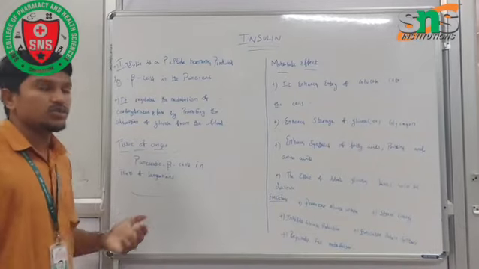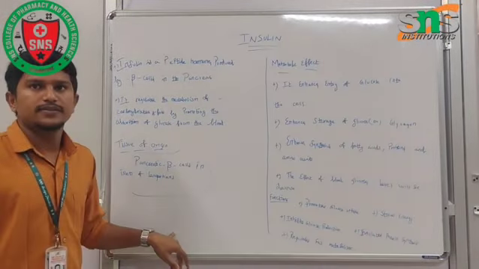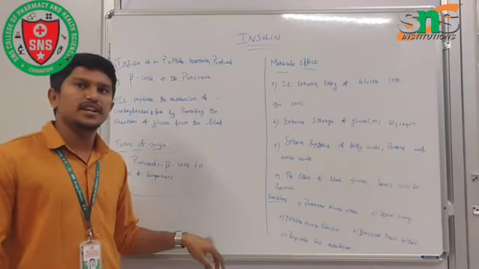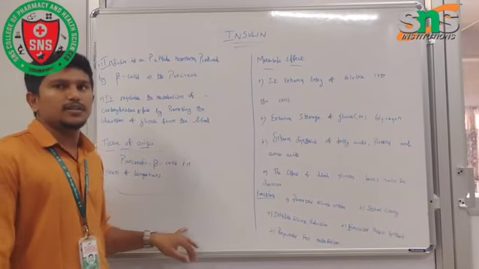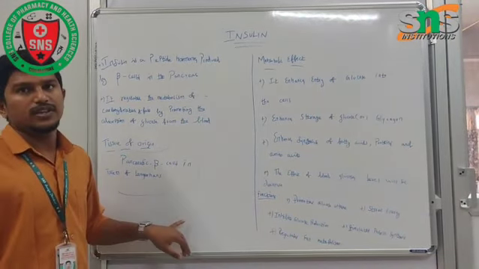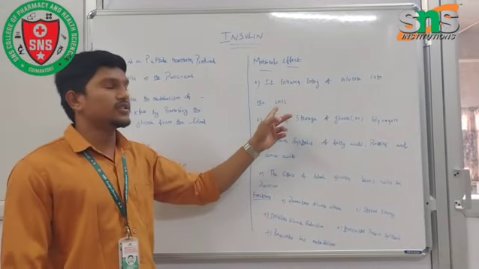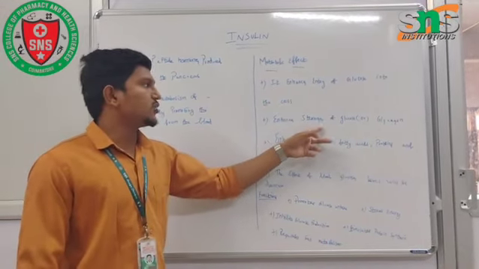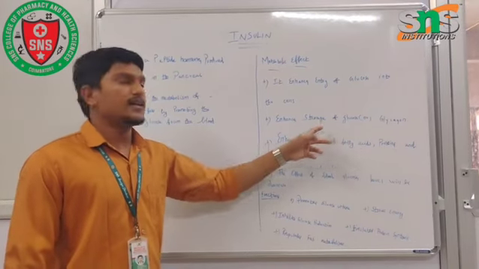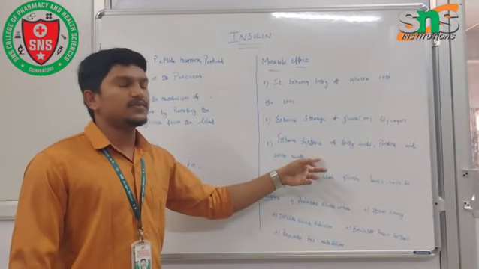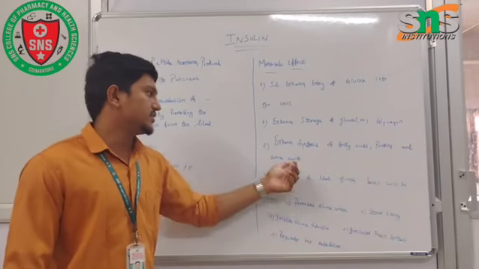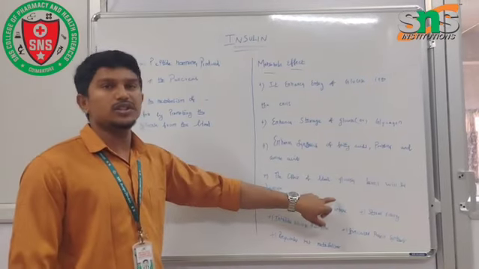Next, tissue of origin: pancreatic beta cells in the islets of Langerhans. Then the metabolic effects: it enhances entry of glucose into cells, enhances storage of glucose as glycogen, enhances synthesis of fatty acids, proteins, and nucleic acids, and decreases blood glucose level.